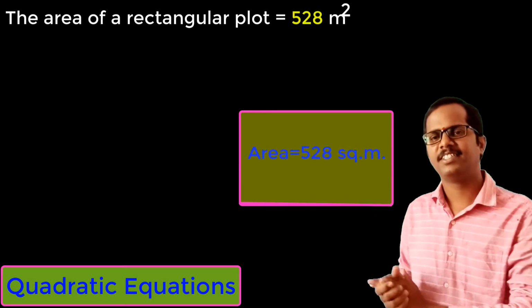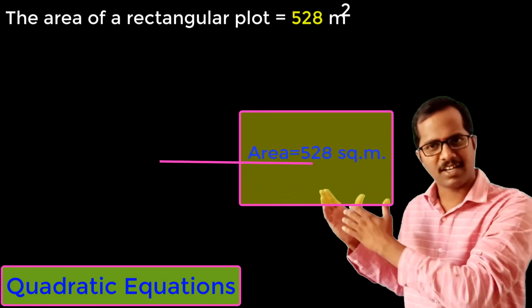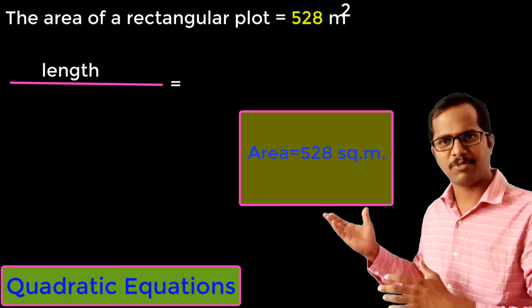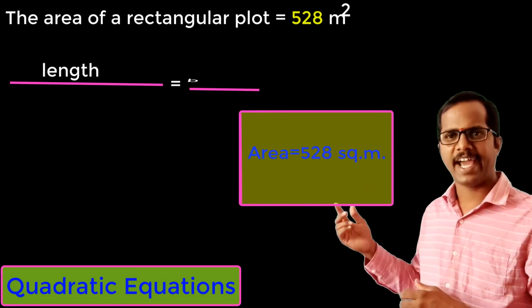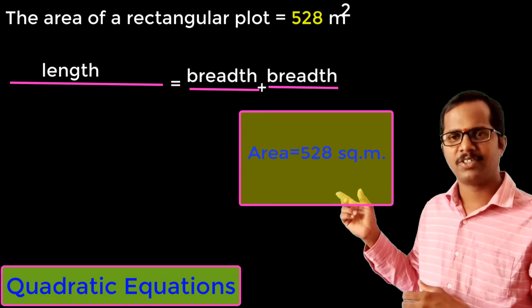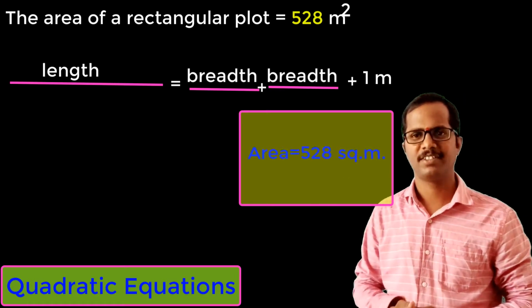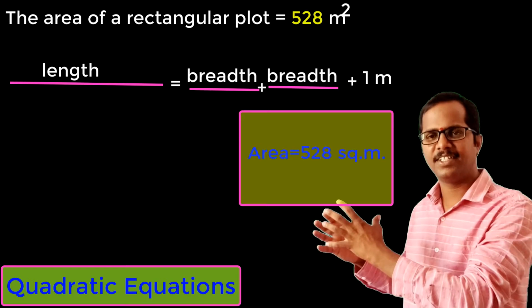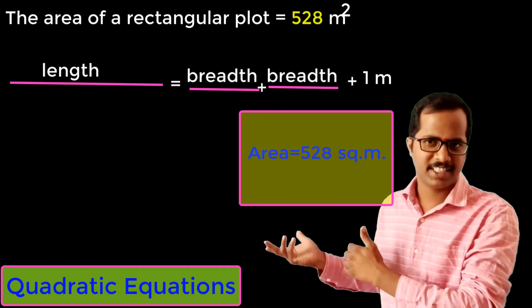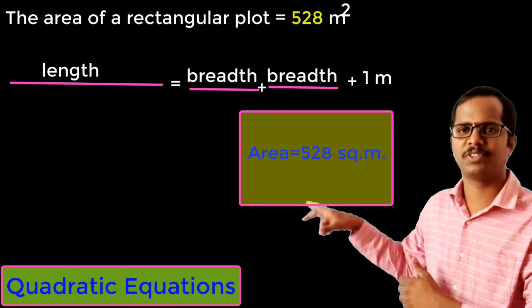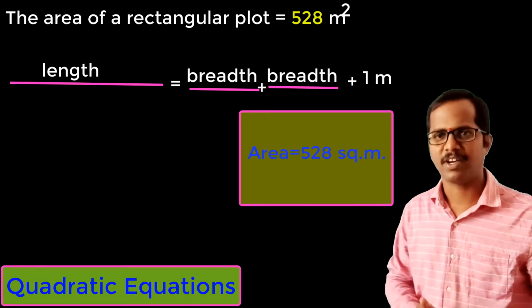It means, to get the length of this plot, we need to double its breadth, and then add 1 meter to the double of the breadth, so that we get the length of the plot.